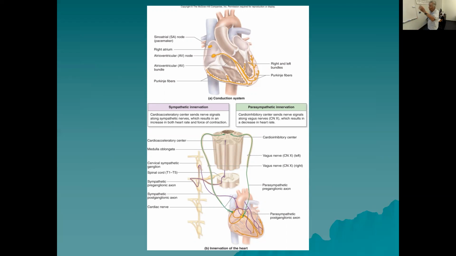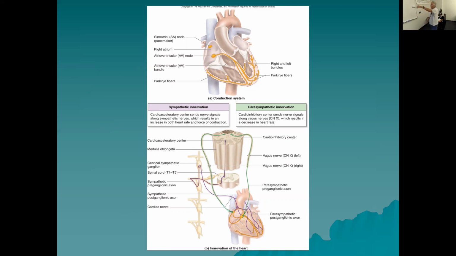Then the postganglionic fiber goes out and innervates the AV node, SA node, and the heart muscle itself. So it affects heart rate and strength of contraction because it allows more calcium ions to come in.